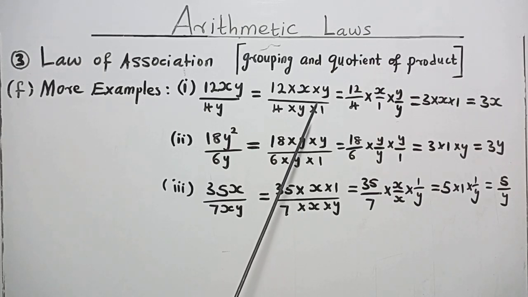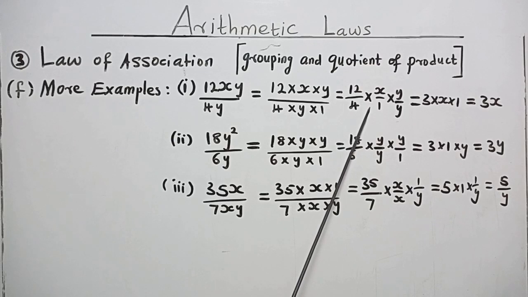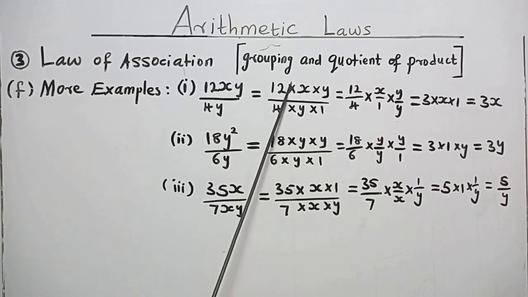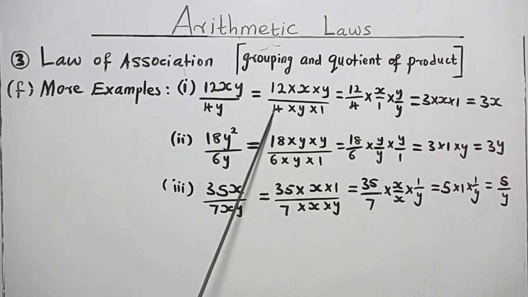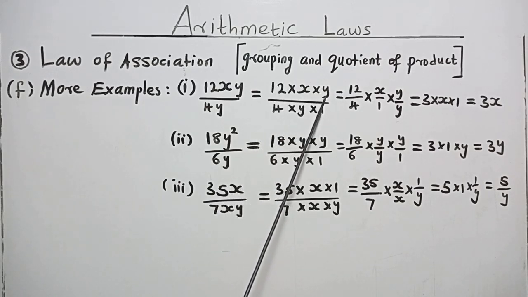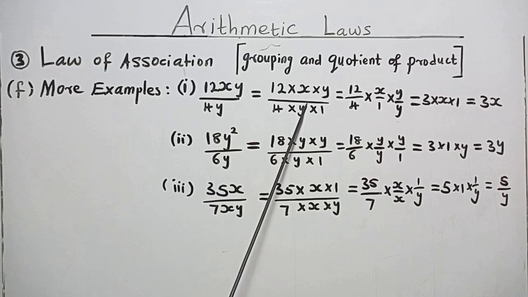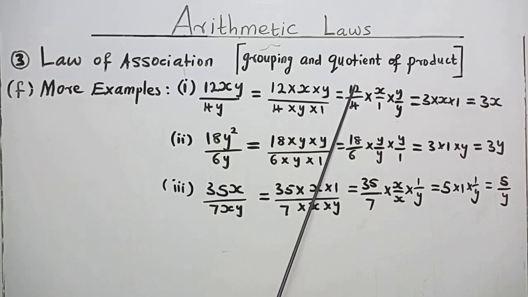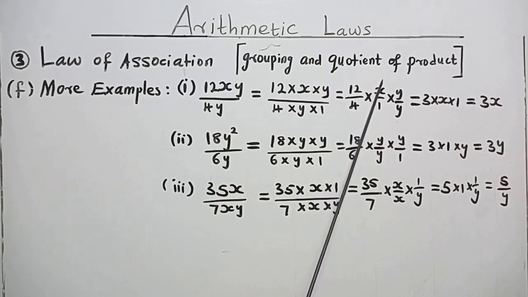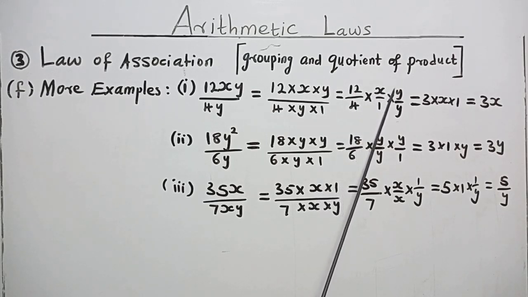But because when y divides x, we don't get anything simpler, we look for something else. In fact, look at the selected divisions that took place among the dividends and the divisors. Let 4 divide 12. Let 1 divide x. Let y divide y. See it happening here. That takes us to 12 over 4 times x over 1 times y over y.